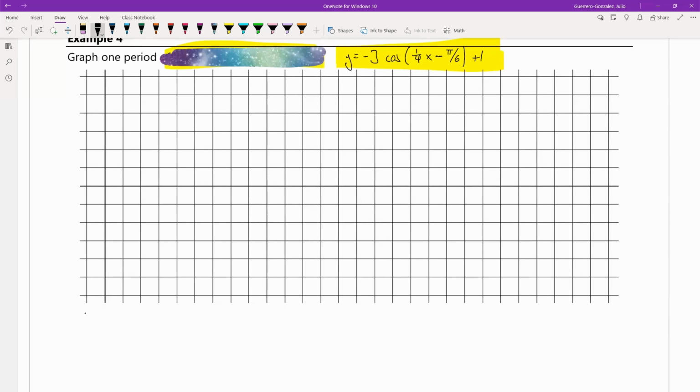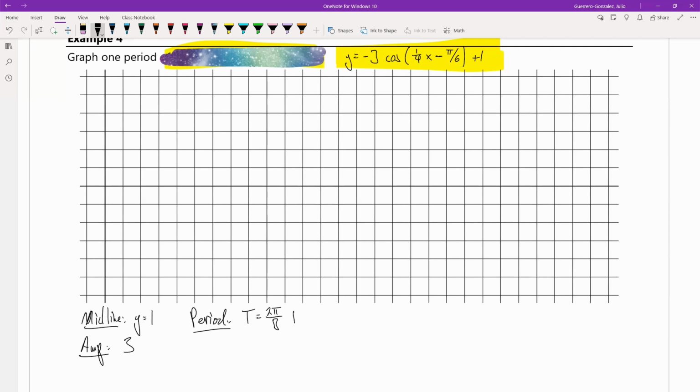Okay, midline. Looking at this, y is equal to 1. The amplitude is going to be 3. Okay, period. The formula for it, right, is going to be equal to 2 pi divided by b.